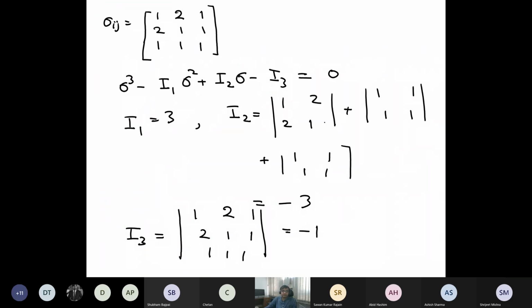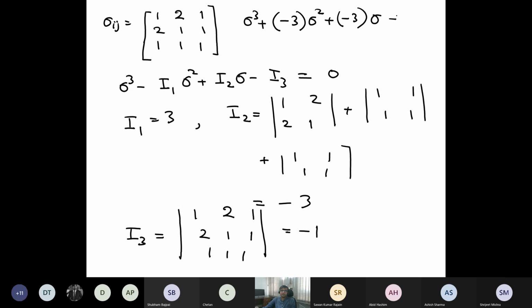So my equation is sigma cube plus minus 3 sigma square. And I'm writing it in this form for a very specific reason. Plus I2 is coming out to be minus 3, right? So I2 is coming out to be minus 3 sigma.